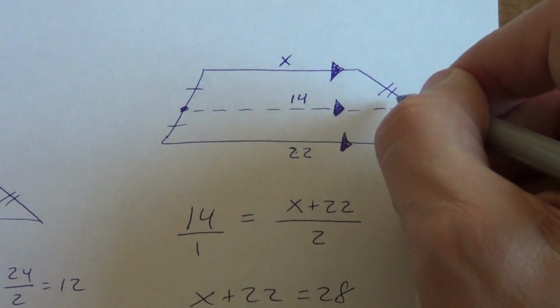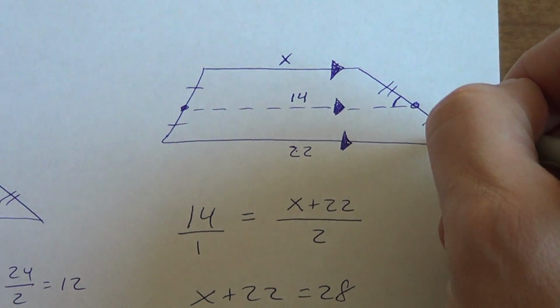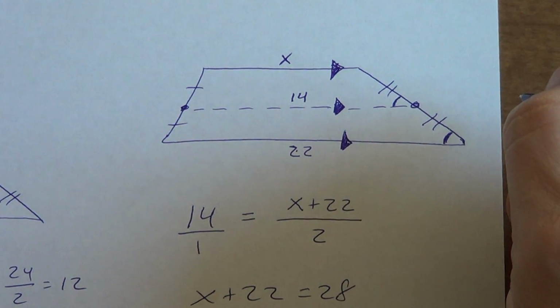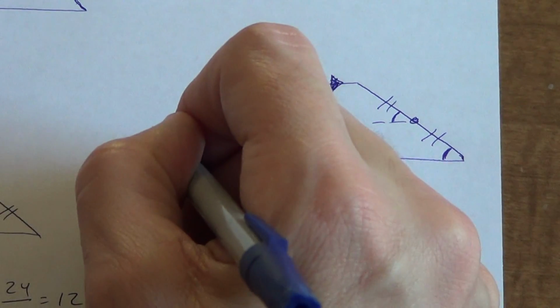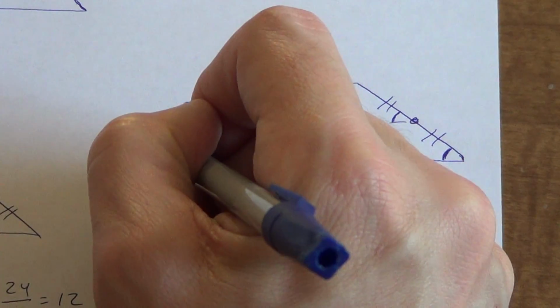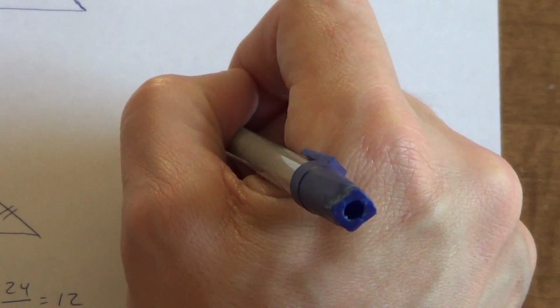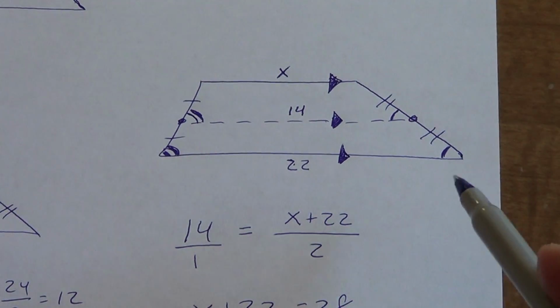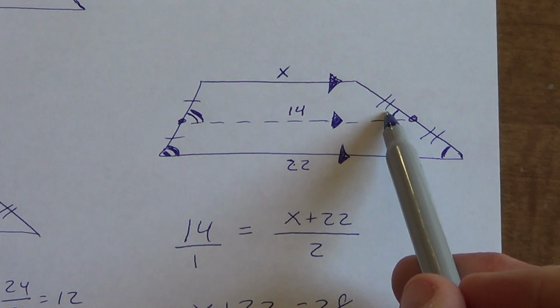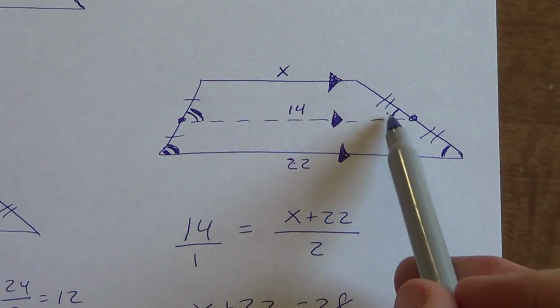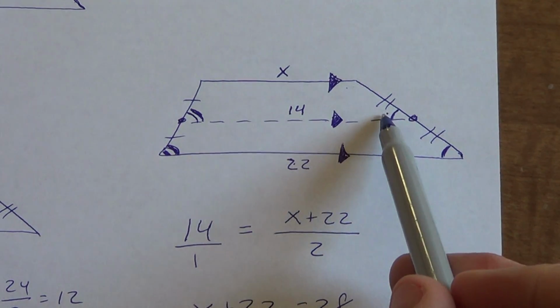So what we end up having happen here is this angle is congruent to this angle. Those are corresponding angles. Over here we get this angle, put 2 marks here, is congruent to this angle. Okay? Those are corresponding angles. Or we could say like this angle and this angle are supplementary because they're consecutive interior angles.